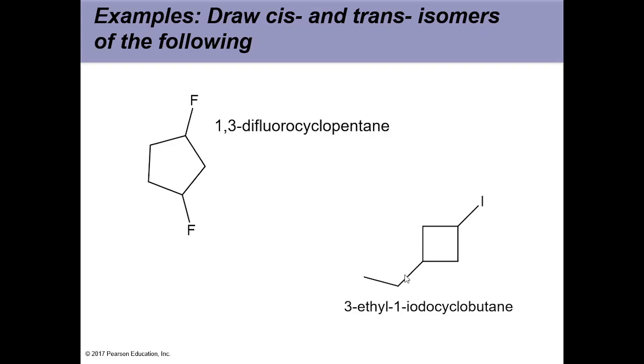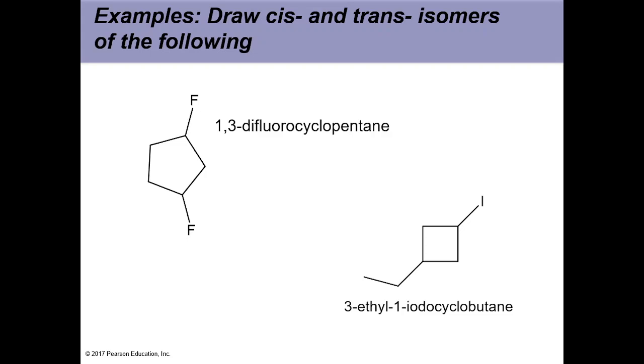Same thing with the other one. With this cyclobutane, whether the methyl group, the iodo group and the ethyl group are pointing in the same direction or in opposite directions will give you cis or trans isomers.